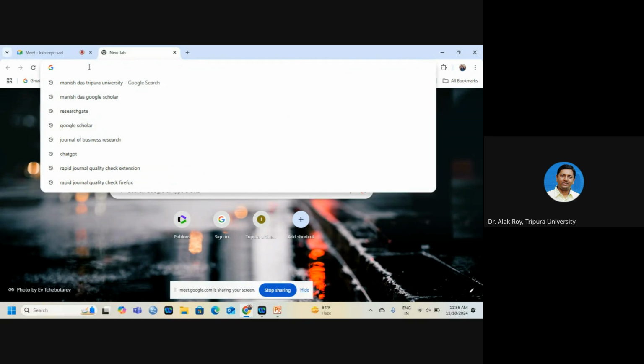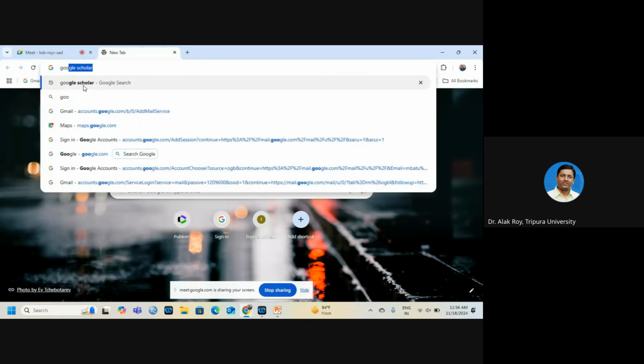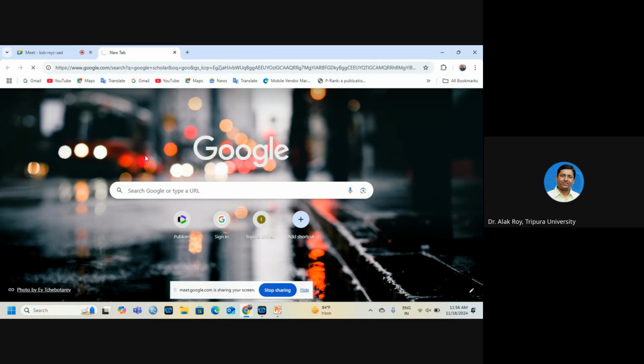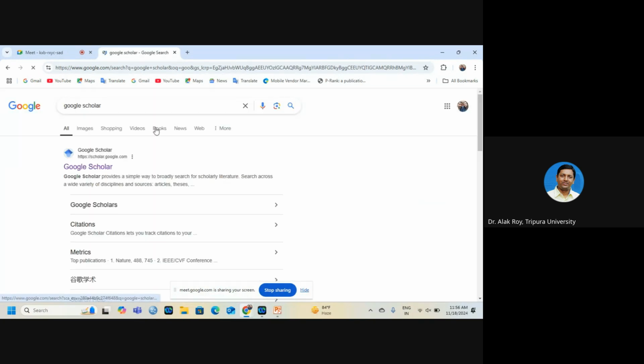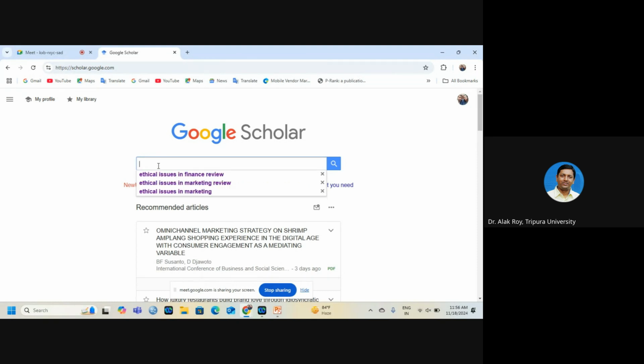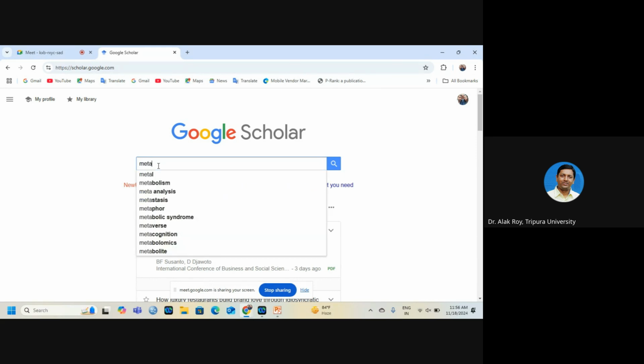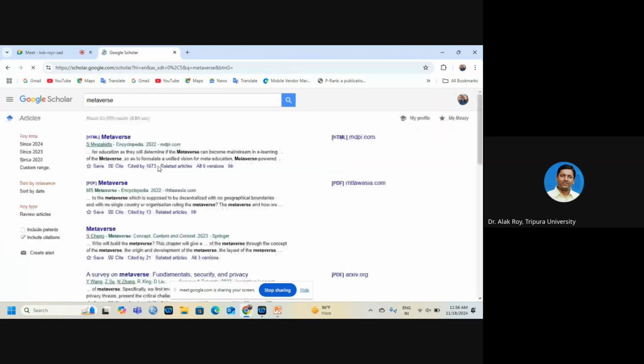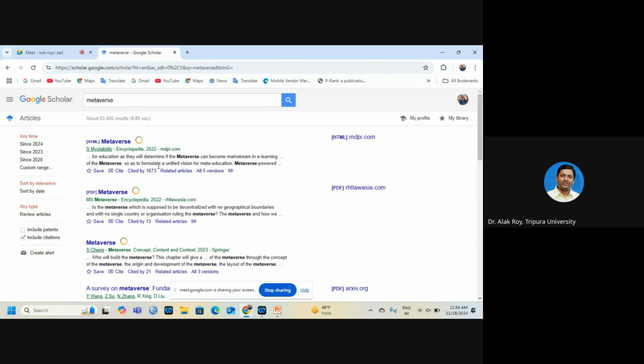Now suppose I am opening Google Scholar. In Google Scholar, I am searching one of the terms of my domain or your domain, say metaverse. Now just look.